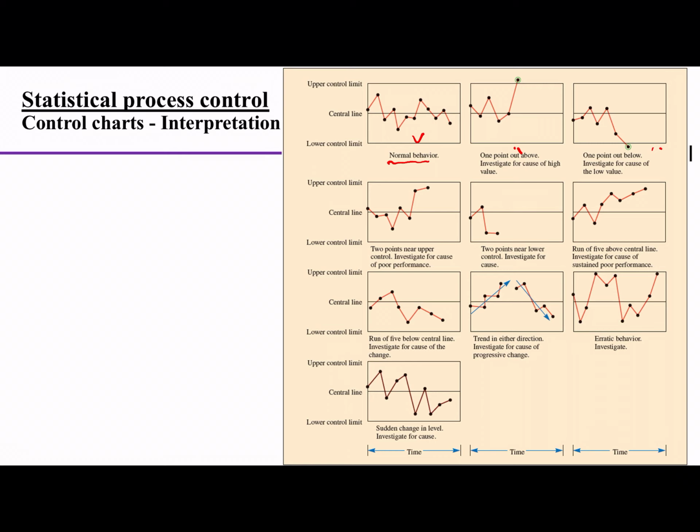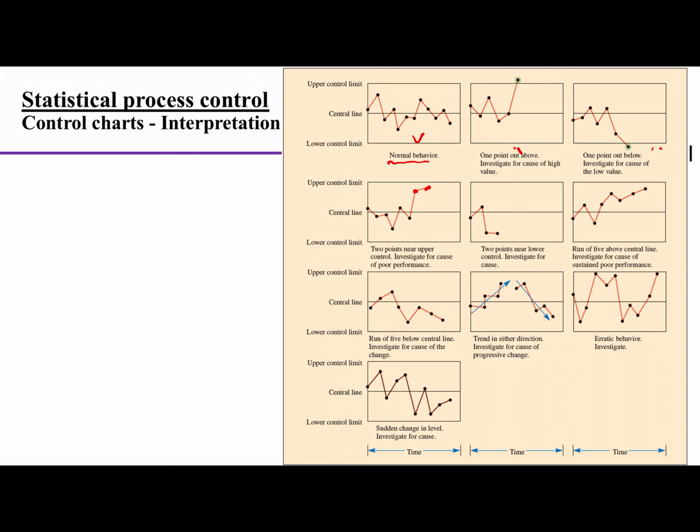You are not in a very good process condition. Why? You can see, for example, in this one you have two points next to each other above the central line. This is not normal because it's likely that the next point will also be above the central line, and it means that maybe there's a shift of the mean.